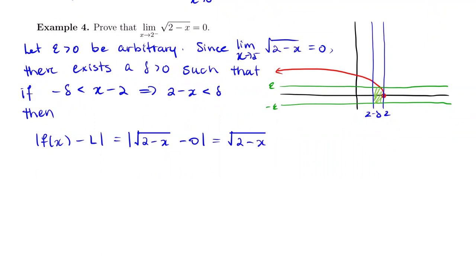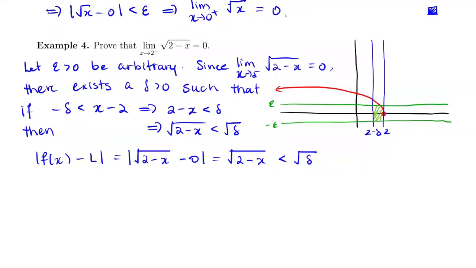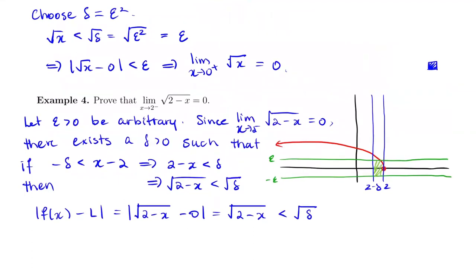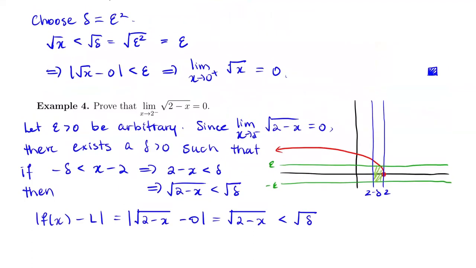Okay, so since 2 minus x is less than delta, that also means that the square root of 2 minus x is less than the square root of delta. And the delta here should already be obvious because it's going to be the same one that we have chosen in the previous example.